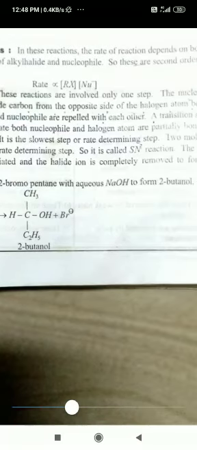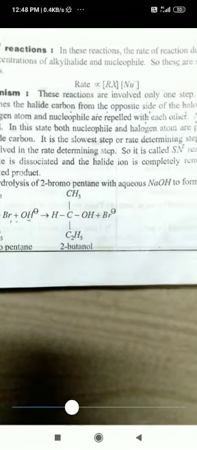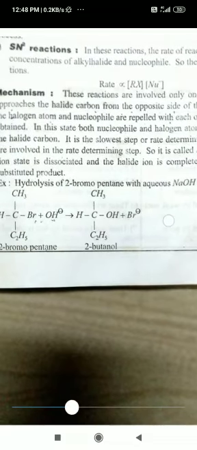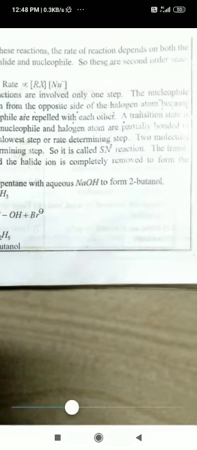So these are second order reactions. The total equation can be written mathematically in the following way: rate is proportional to the concentration of RX times the concentration of the nucleophile. Coming to the mechanism, these reactions involve only one step.